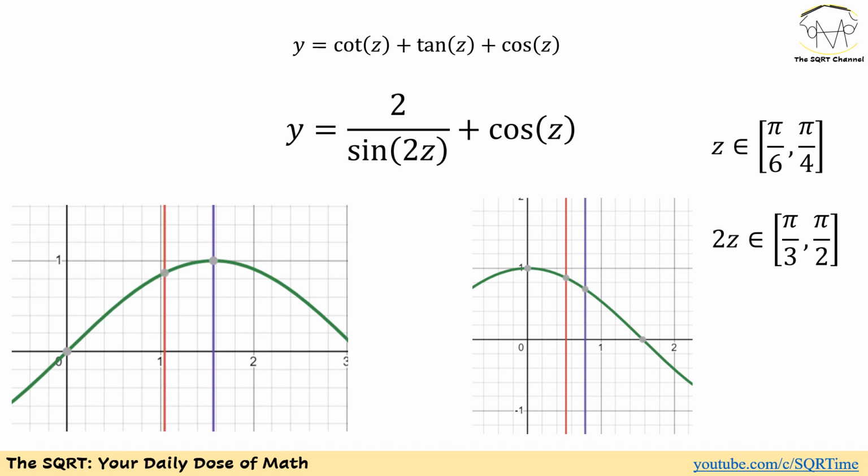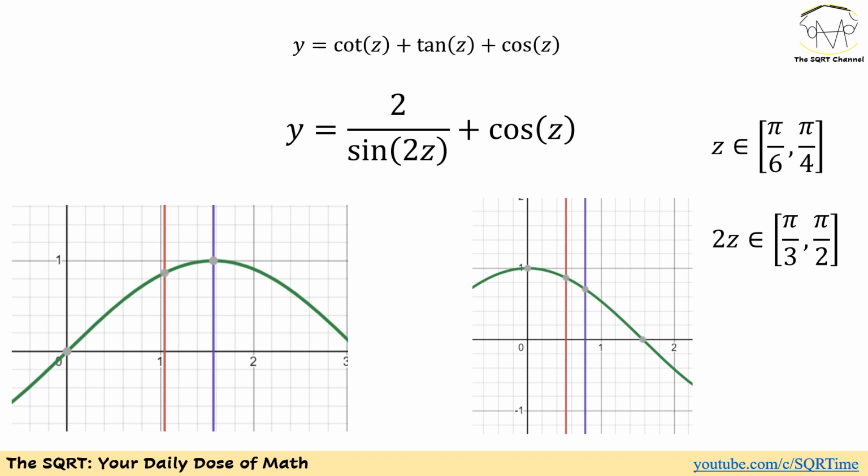Cosine of z, for the range that we are interested in, is going to be always a decreasing function. So its maximum is going to be at the initial point of this range. That's good. What about the first term, which is basically 2 over sine of 2z?